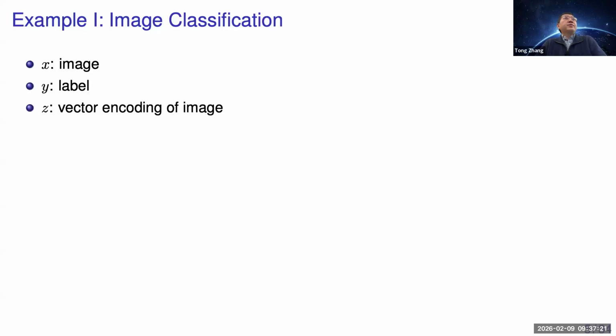Z is essentially some encoding of the image by the encoder. It's a representation of the image. That's generally what your CNN is doing. The output of the CNN will be some kind of flattening, and once that is done, it's a representation.